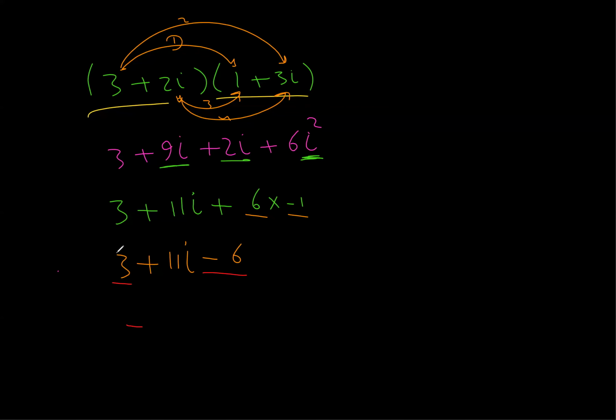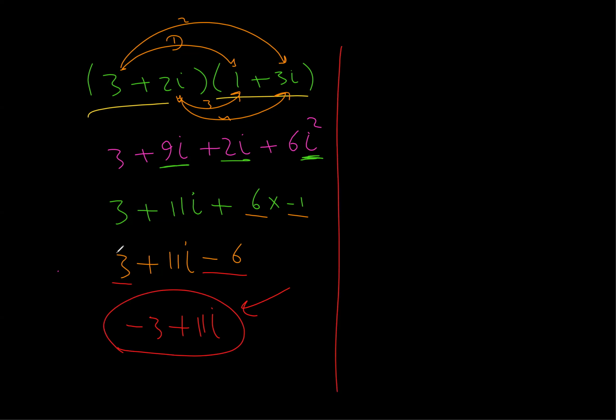It's going to be negative 3. So the answer will be negative 3 for the real part and 11i for the imaginary part. And this is the result, which is a complex number that has a real part and an imaginary part. This is now how to multiply a complex times a complex number. But we have here one note, and it's very important.